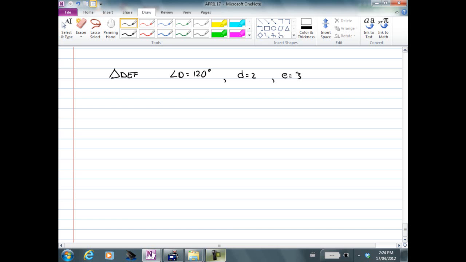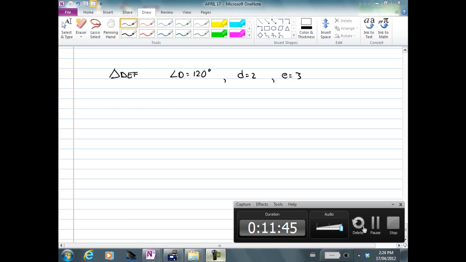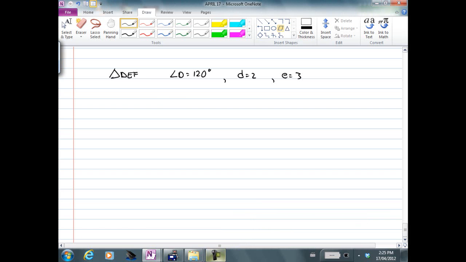I'm going to pause it and let you try it on your own. I'm just going to start by drawing a very quick triangle. D, E, F. 120 is right here. 2, 3. Let's find angle E.